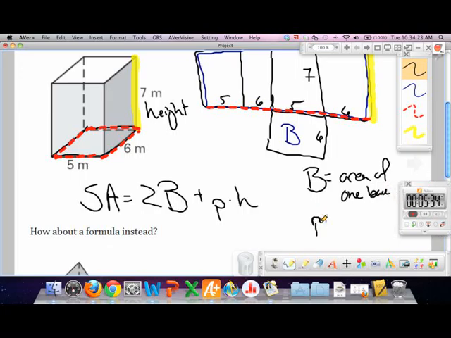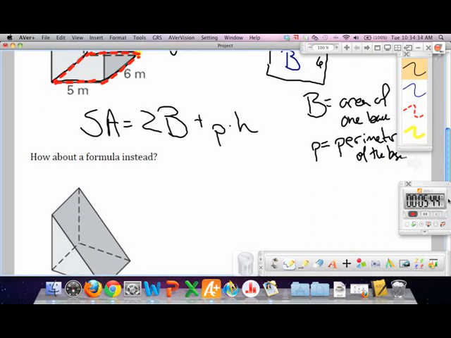And H is the distance between the bases, also known as the height. I want you to memorize or know that H is really this quantity, distance between the bases.